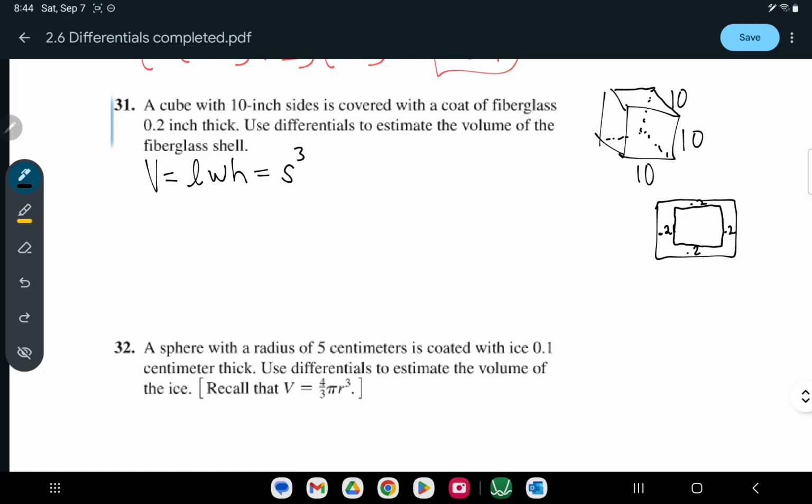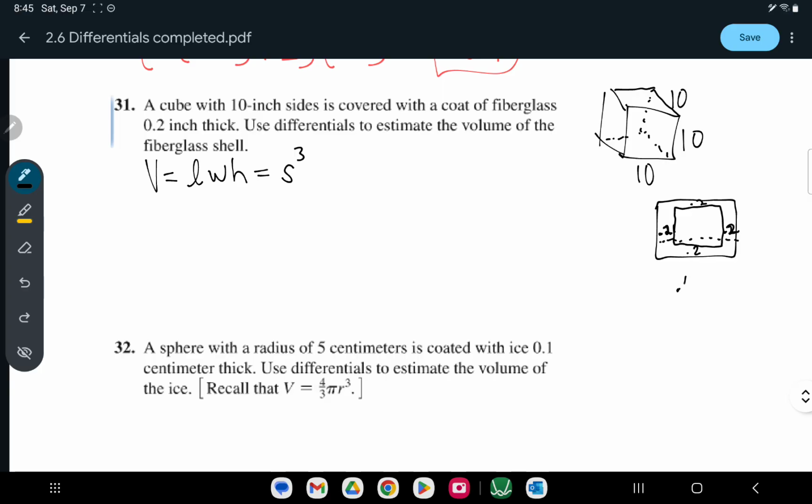So I need to figure out what my change in my side value is. My new side value is the side, right, and my change, I'm changing in all directions, but because it's a cube, it's going to be the same all around.